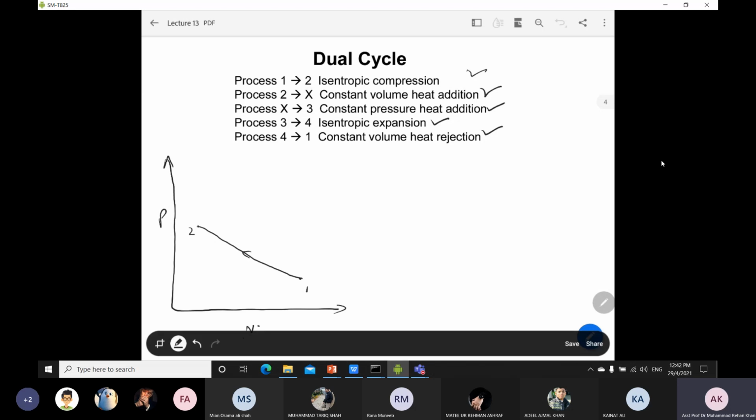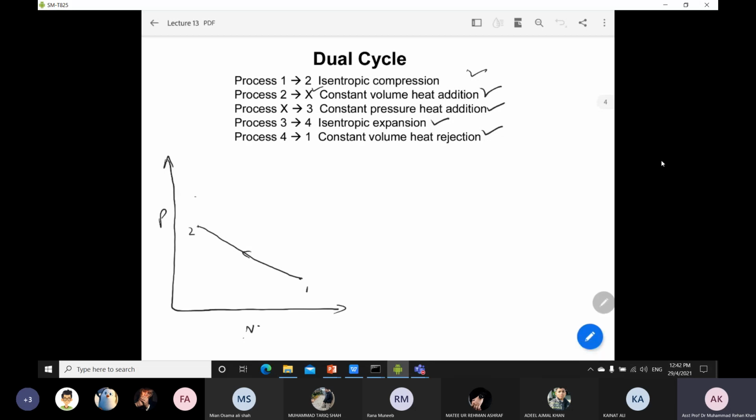From 2 to x, I have just denoted a point x, where the constant volume heat addition ends and the constant pressure heat addition starts. From 2 to x it is a constant volume heat addition, so until point x the volume will be constant. So it will be a straight line.